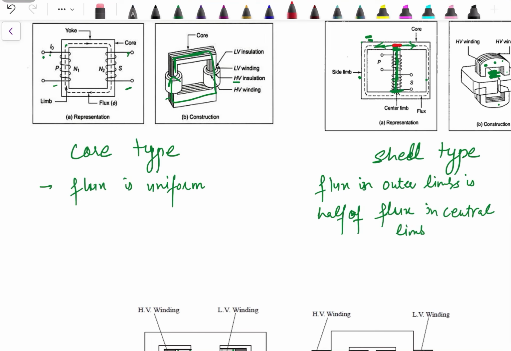The mean length we had discussed in the magnetic circuit videos. For the central limb, this one. Then we have different mean lengths for this outer and this outer. In case of core type, we have this whole mean length. So mean core length is large and mean winding turn length is low in case of core type, while in case of shell type we have the low mean core length.